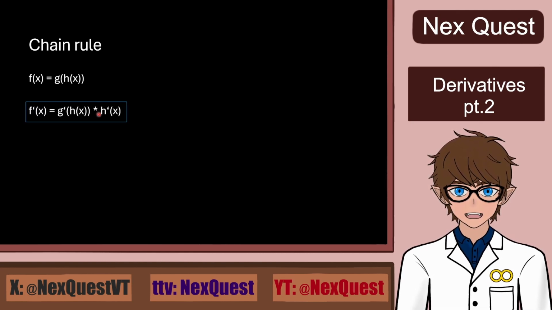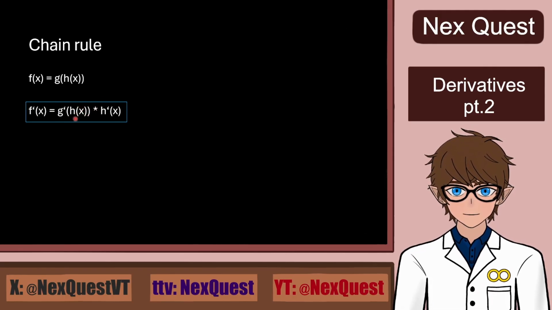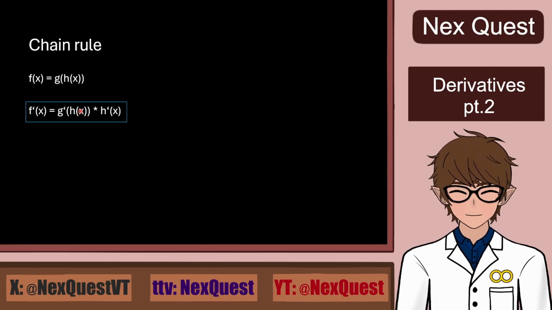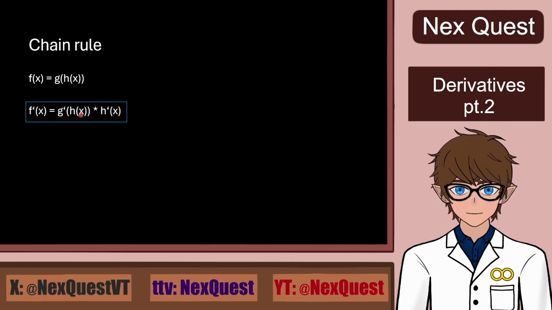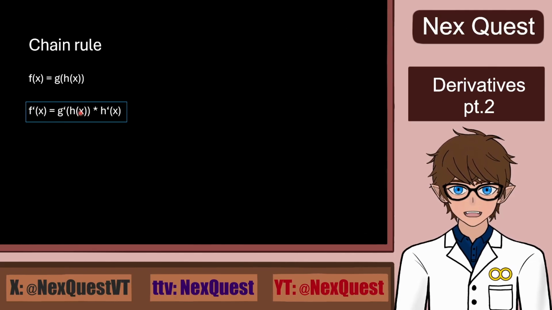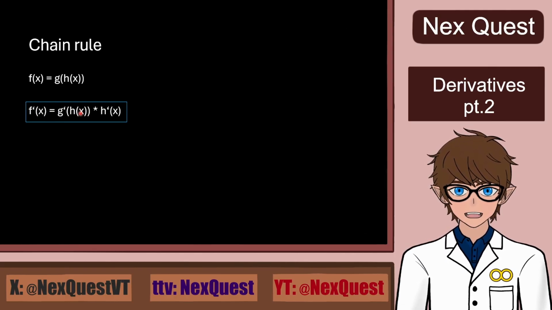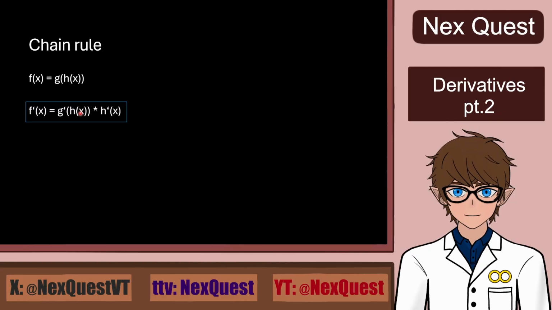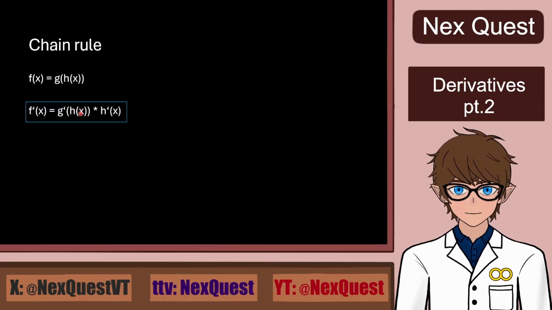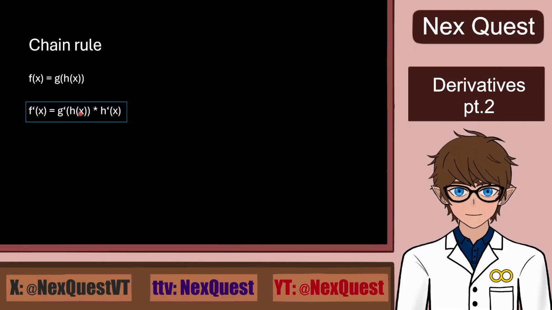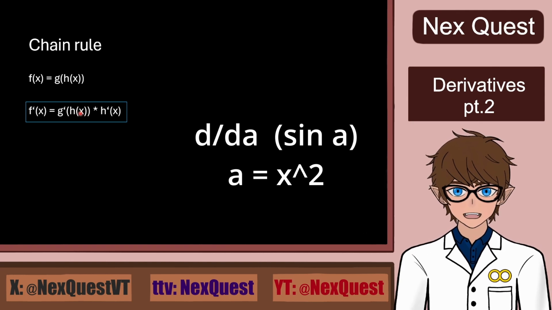Well, it turns out it's this. So the derivative of our composite function is equal to the derivative of the outer function, where we treated it as if it was a normal function. So for instance, sine of x squared, we would take the derivative of sine as if it was like a sine of x, but we would get cosine of x. Actually, better example, we replace x squared with like an a, and then we take the derivative of like d over dA of sine of a.